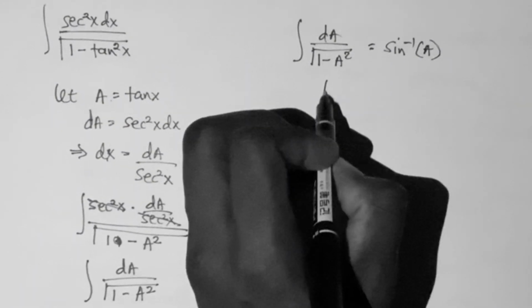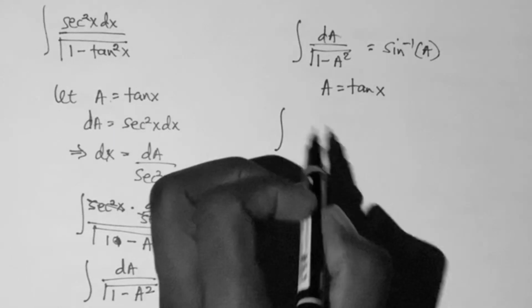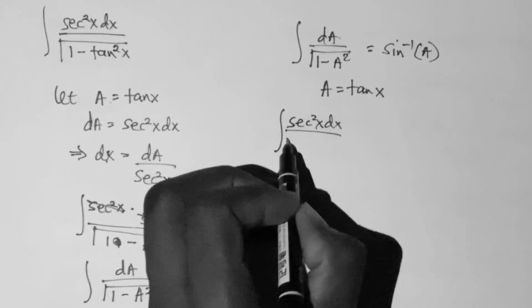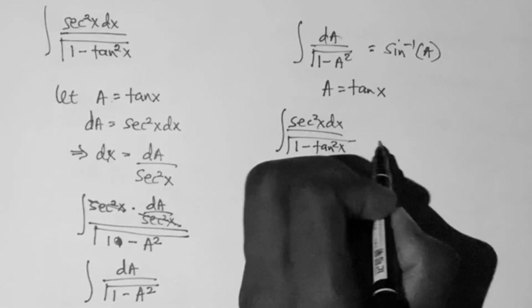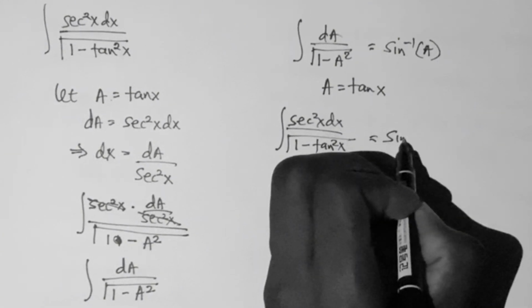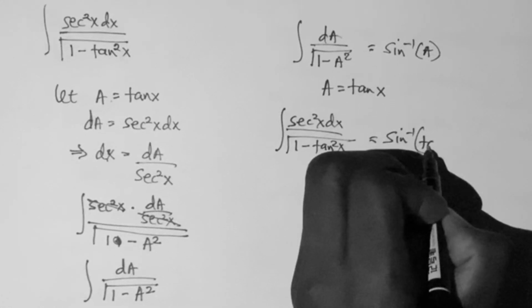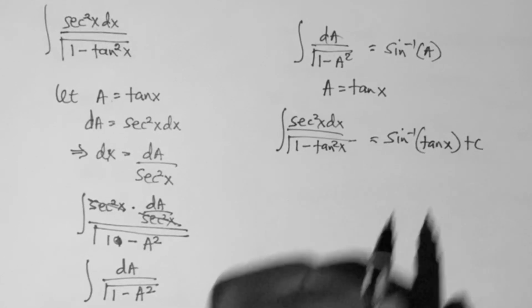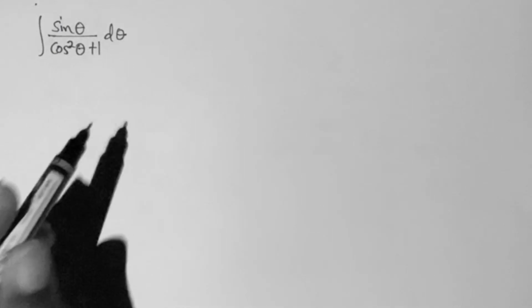Nonetheless, we said that a is equal to tan x, so the integral of sec squared x dx divided by the square root of 1 minus tan squared x is equal to sine inverse of tan x plus c.